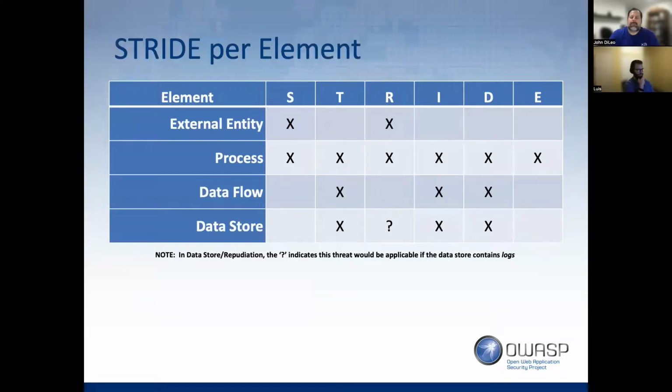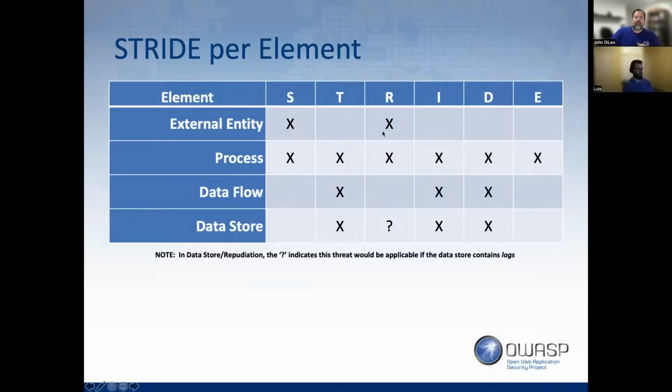An approach after developing our data flow diagram, and we have all those elements in it, is then we can apply STRIDE per element, by going for each element and asking what threats there are of each type. And again, now this is Adam's recommendation straight out of his book. If you're talking about external entities, then the question you're asking is, what are the spoofing and repudiation threats? If somebody can impersonate an external entity, what could go wrong?